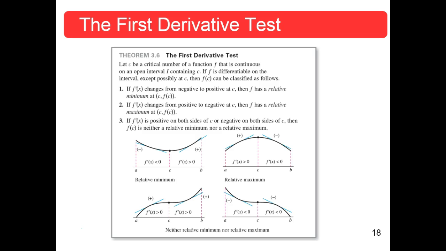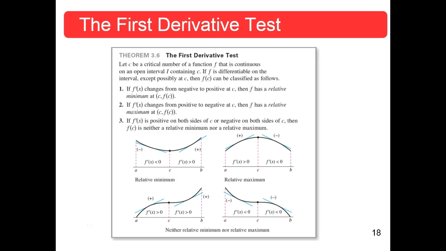Let c be a critical number of the function f. f is continuous. Now, f has to be continuous, not necessarily smooth, but continuous on an open interval I that contains this value c, the critical value. If f is differentiable on the interval, except possibly at c, okay? Remember, that may be a place where that is your critical value because the first derivative is not defined there.